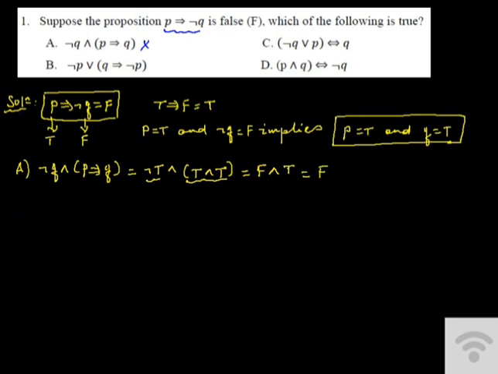Let's check for the B case. In B we have the negation of P or Q implies the negation of P. We have P is true, Q is true. So let us use these truth values.